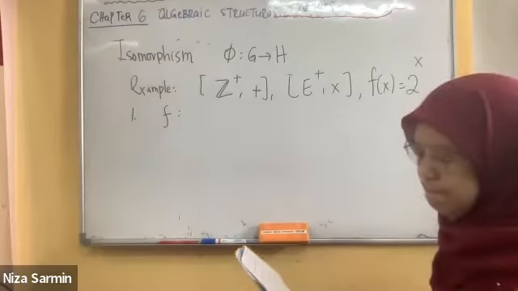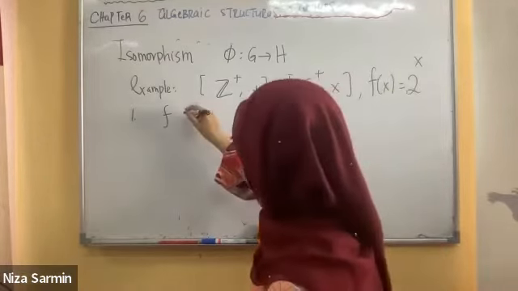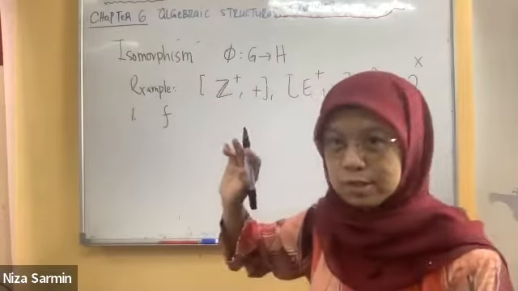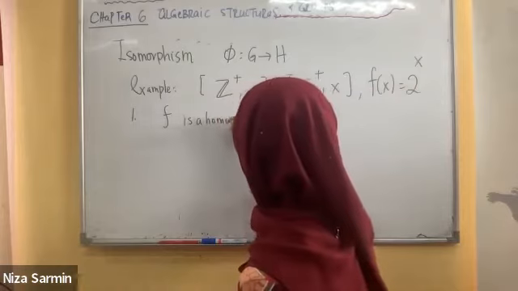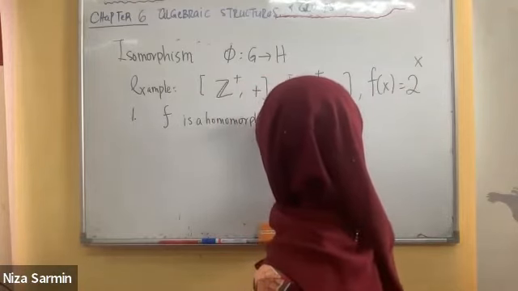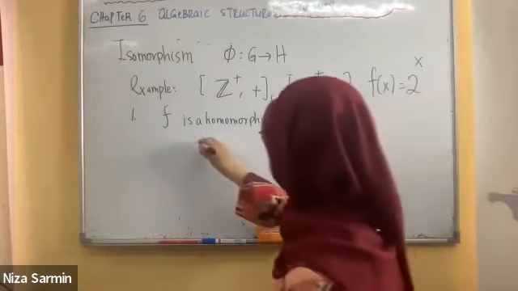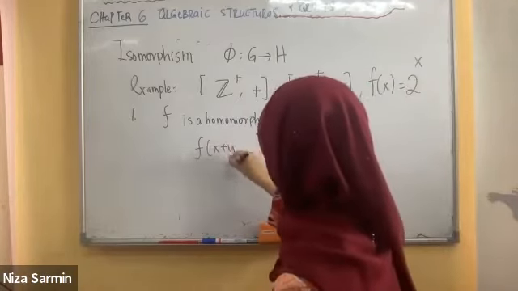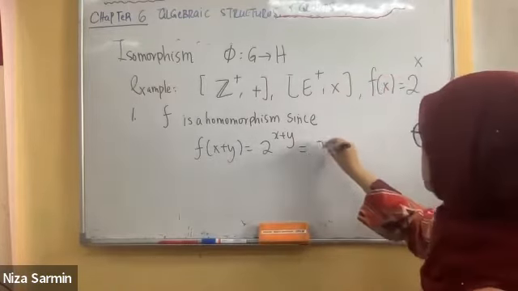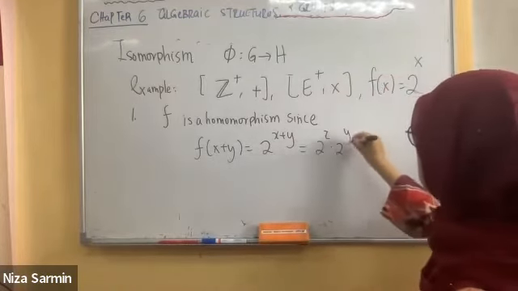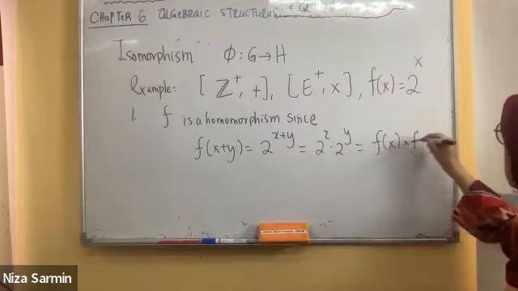F, okay, we want to say whether, just now we have shown it is a homomorphism, right? I just rewrite this since f of x plus y is 2 to the x plus y, which is 2 to the x times 2 to the y, which is fx cross fy.